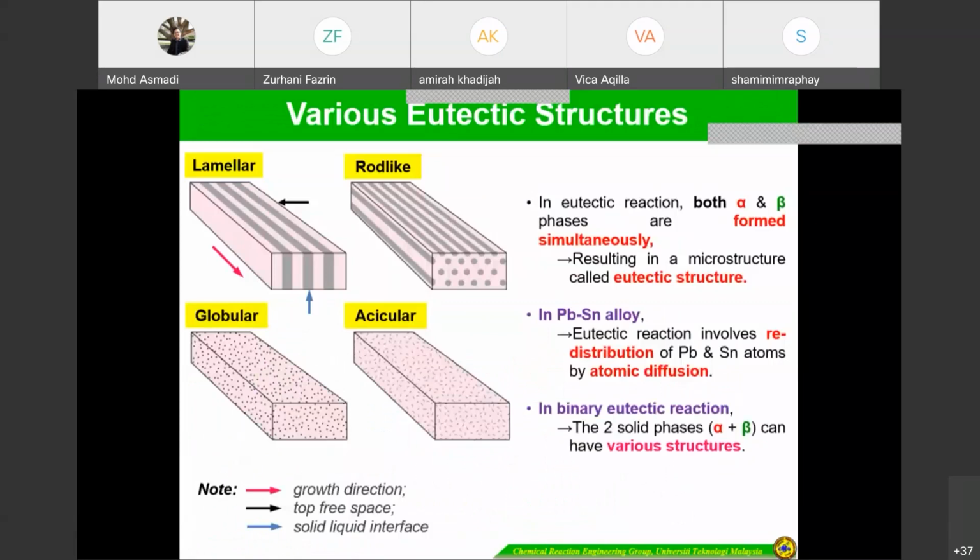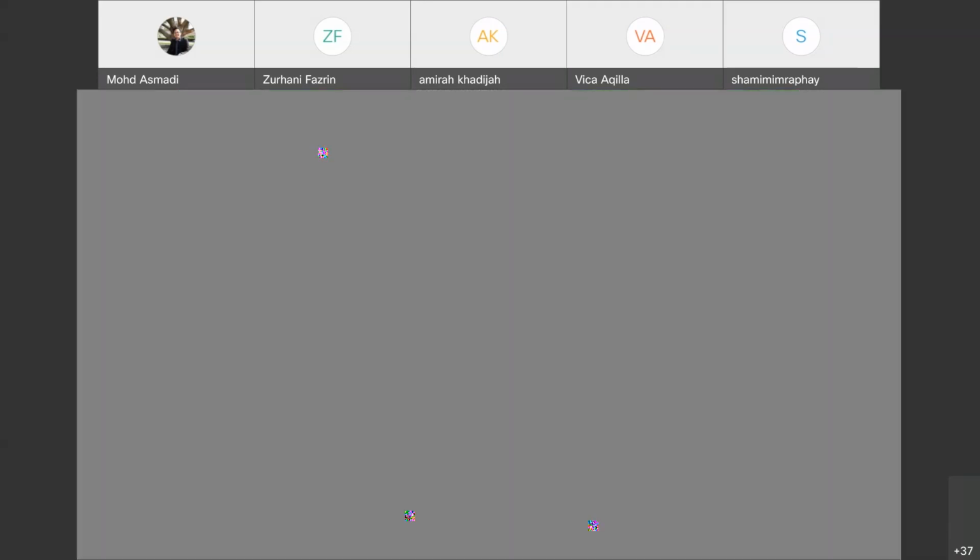In the eutectic reaction, both alpha and beta are formed simultaneously, resulting in the microstructure called eutectic structure. In the lab, involving redistribution of ions in the eutectic reactions, we can have various structures. Look at here, in general there are four.